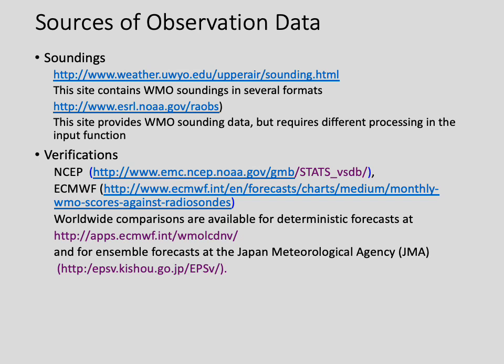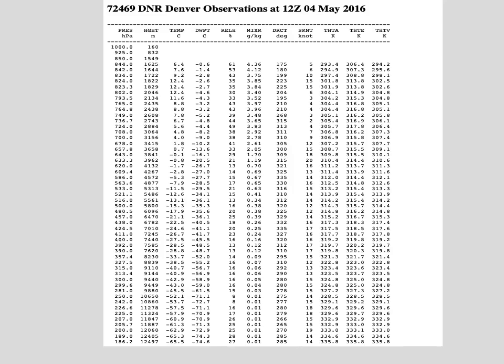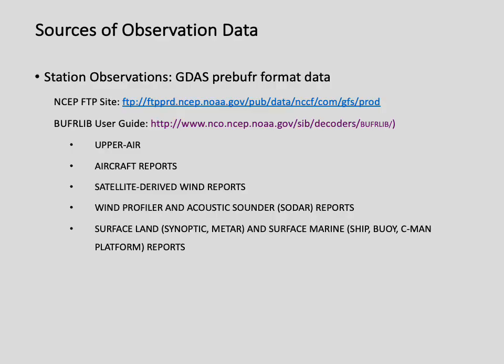If we are interested in this topic, we can take a look at these websites and get some useful information. This is an example of sounding data download from University of Wyoming weather website. It is straightforward and easy to process.